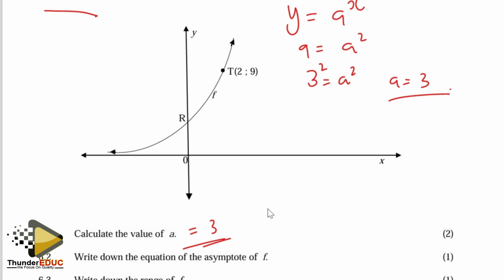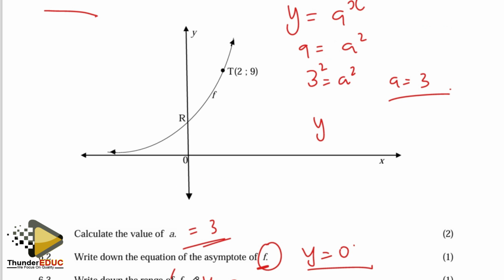Then write down the equation of the asymptote of f. So since there is no addition, y is going to be equal to 0. That becomes the asymptote of the graph. Then they want us to write the range. Range will be the y values for which the graph is valid. So we're just going to say y is greater than 0. So above the x-axis, the graph we can see is valid.